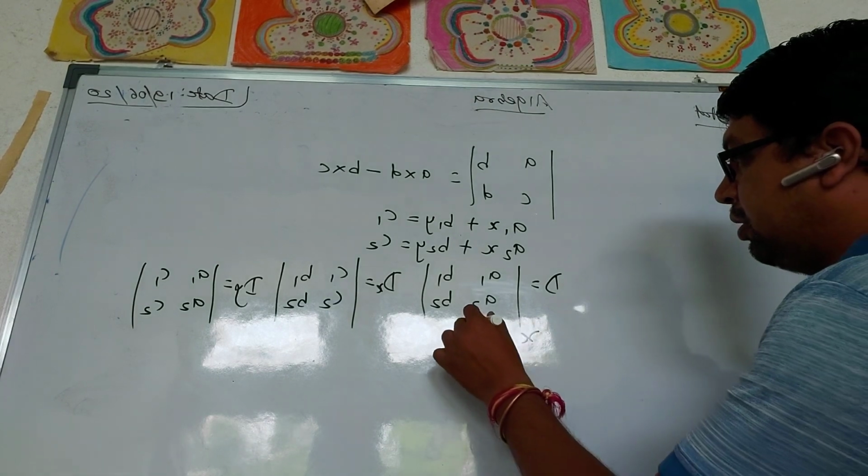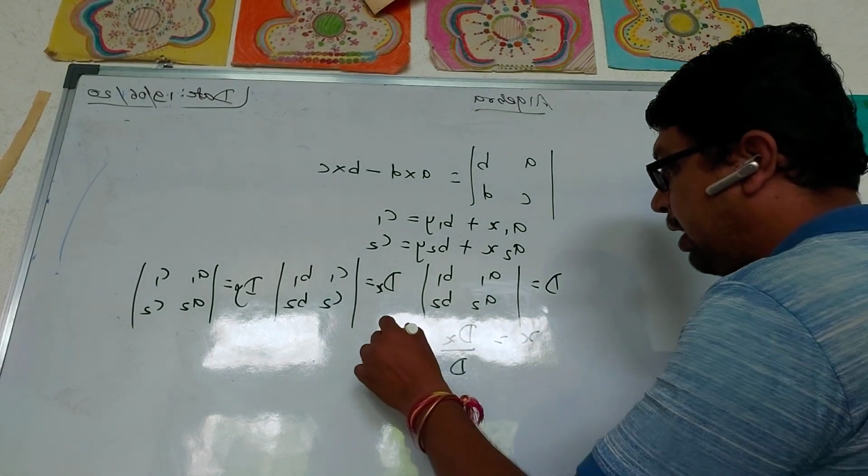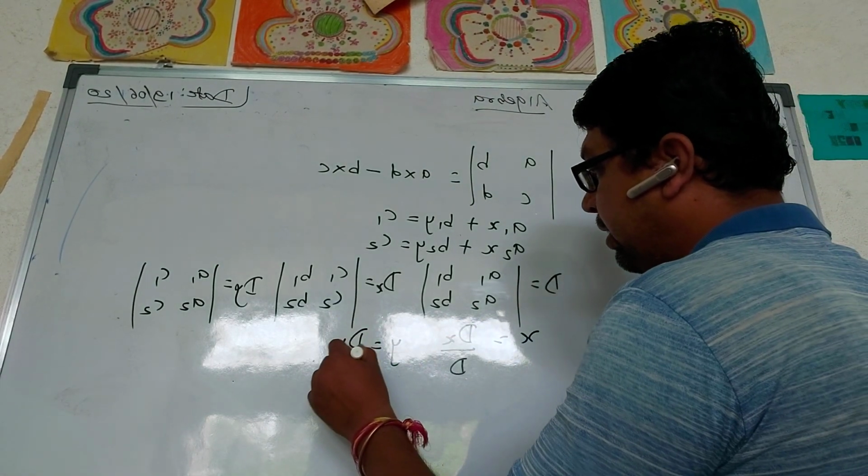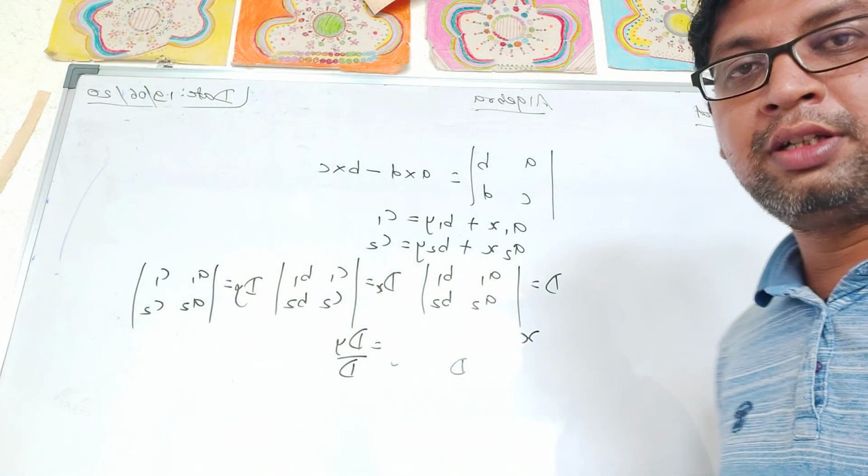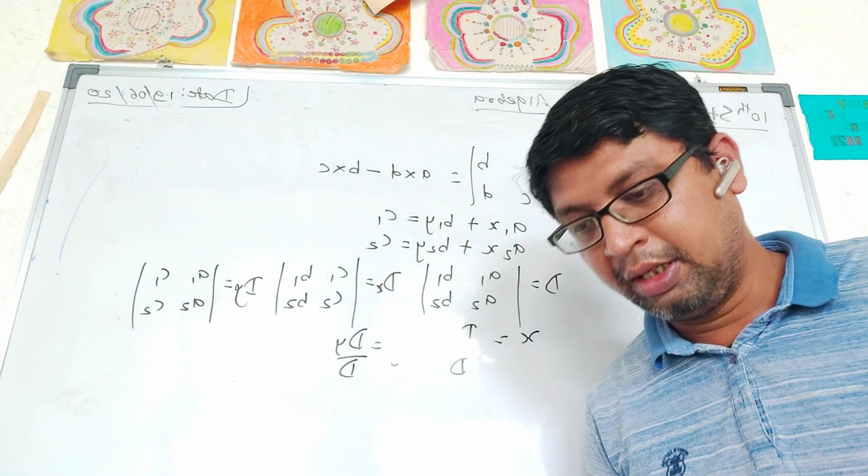So x is equal to Dx by D and y is equal to Dy by D. In this way, this is Cramer's rule.